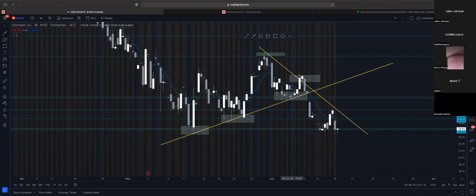Look at this. This was a double bottom. It didn't fully work all the way, but if you traded it as a double bottom, you would have made money, right? We had a trend line, we bounced here, bounced there, and look, we had a little double bottom right here, and we bounced up. We would have still caught this trade. From here to here, this is a 100, maybe 200% trade right here, right? So stuff like that.